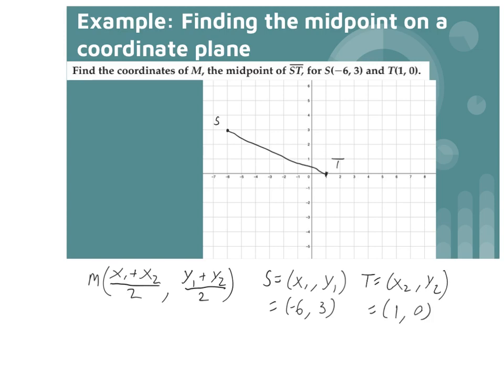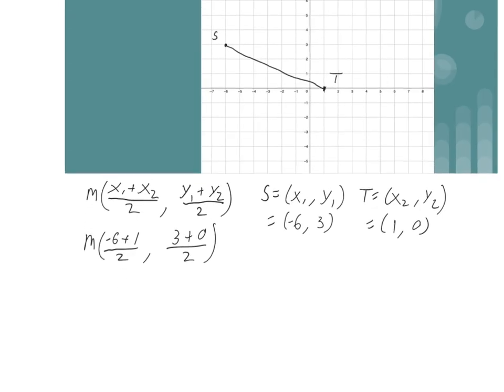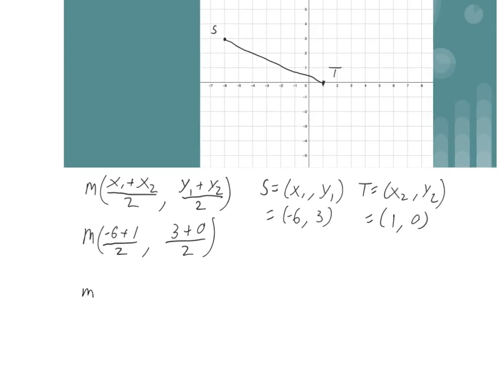So now we just plug it in. x1, -6 plus 1 divided by 2, comma, 3 plus 0 divided by 2. Our midpoint is going to be -5/2, comma, 3/2.